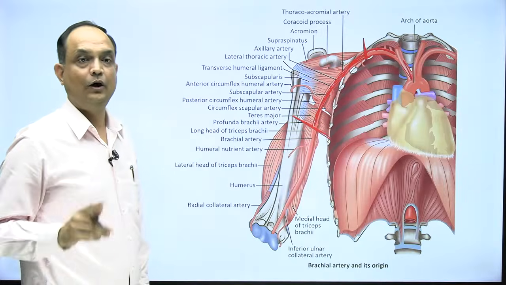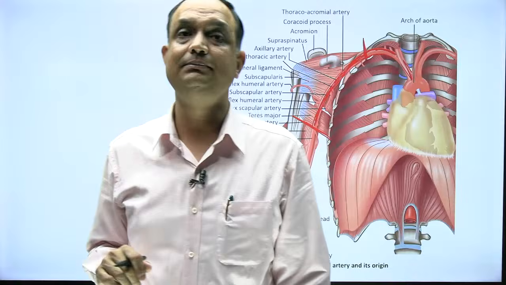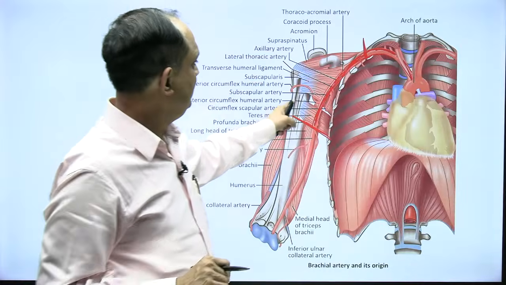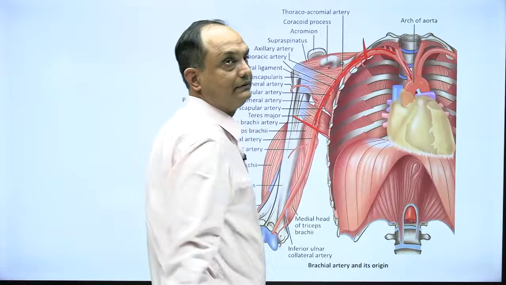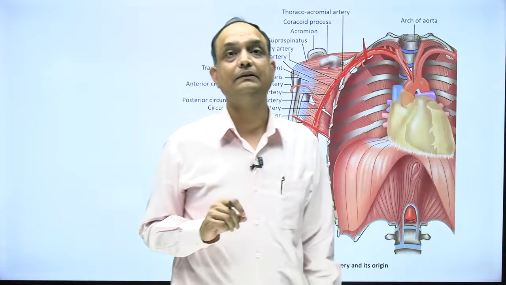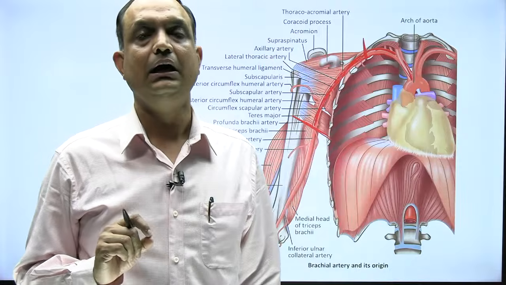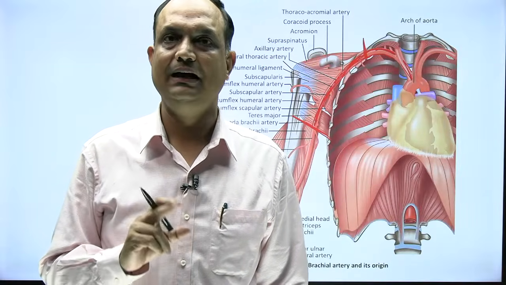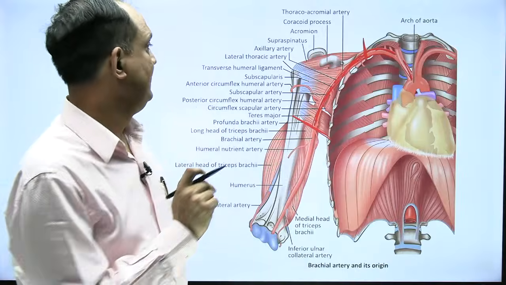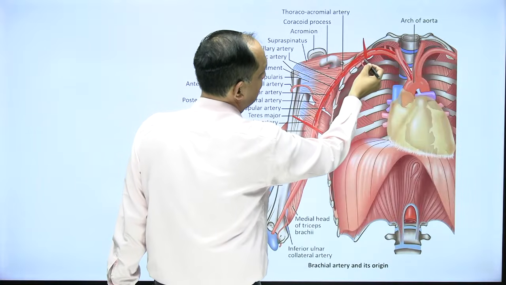Clear? Now here, you have to understand one very important concept in the diagram. My dear friends, I am saying this again and again, that this axilla allows structures to enter into the upper limb. This artery first runs very close to the chest wall.